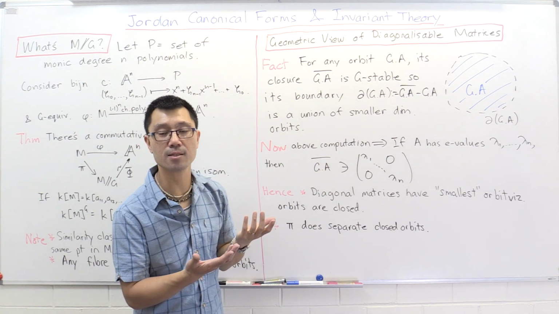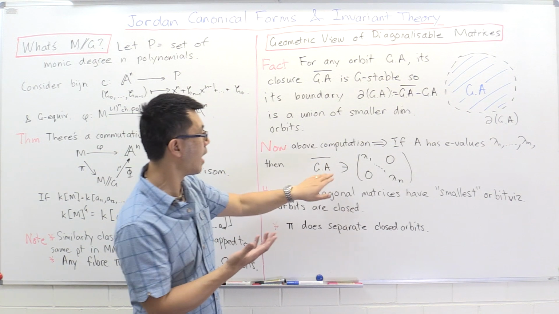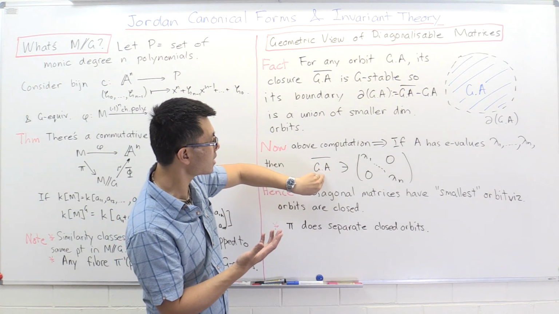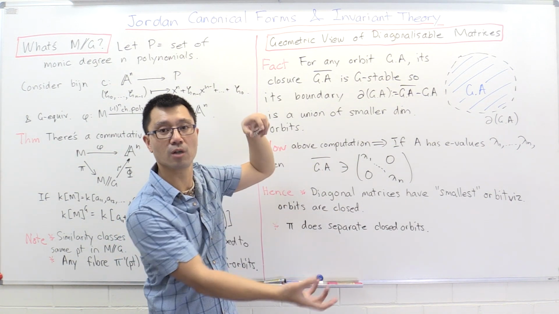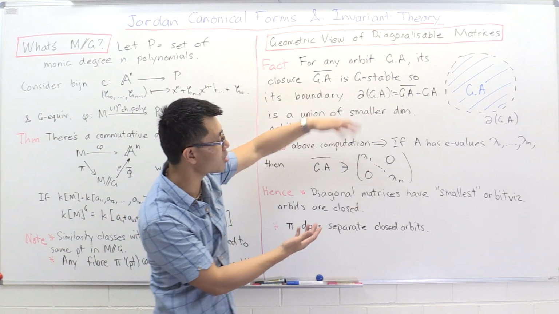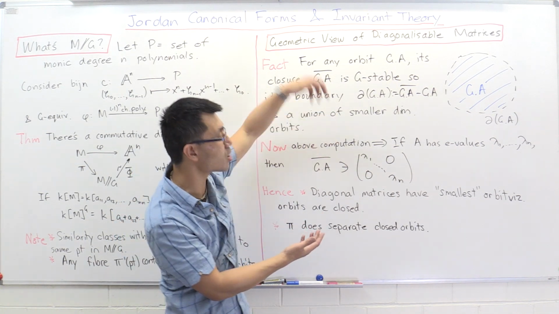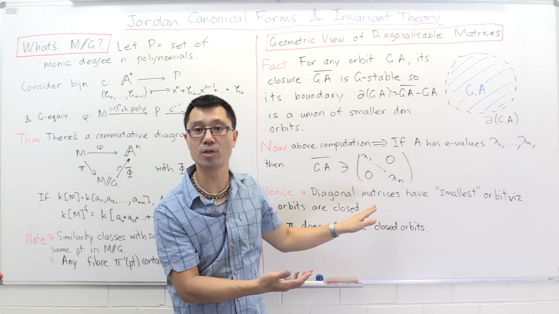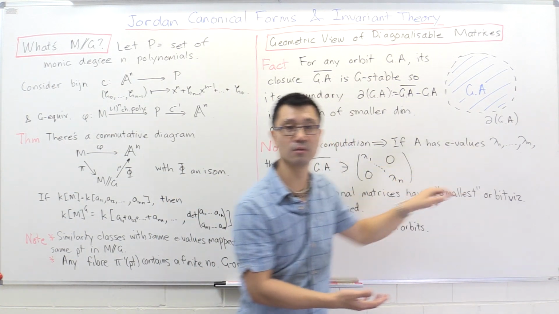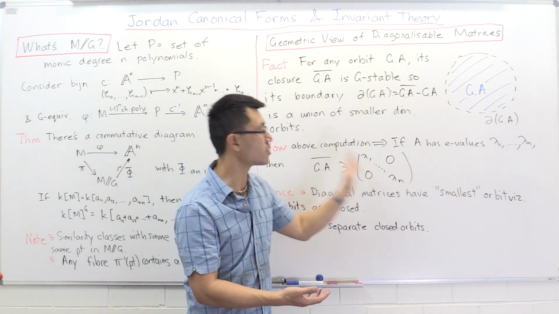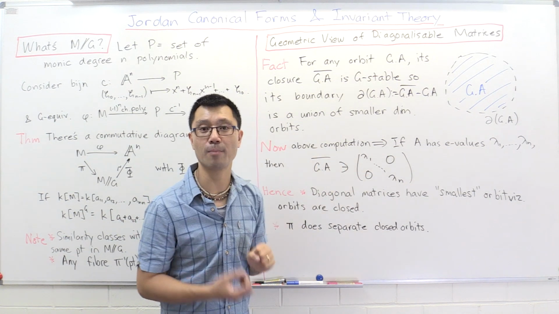So that's the similarity class. Essentially inside this G orbit you'll find some Jordan canonical form, and using the computation that we did before, we can show that the closure contains the diagonal matrix with these eigenvalues. That's very easy to see if you understood that example well.